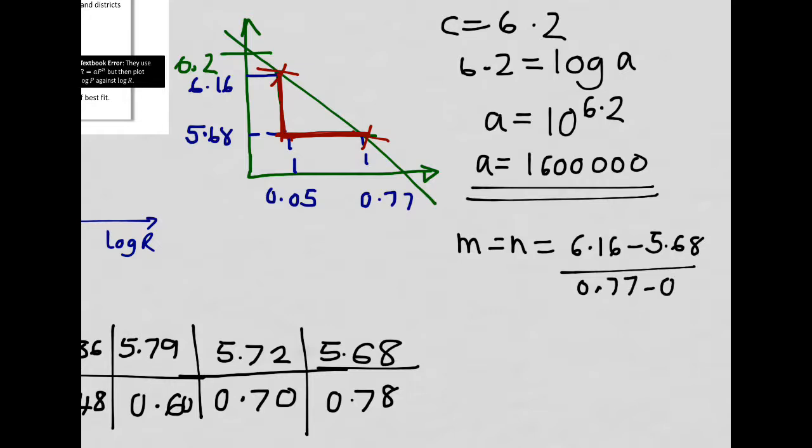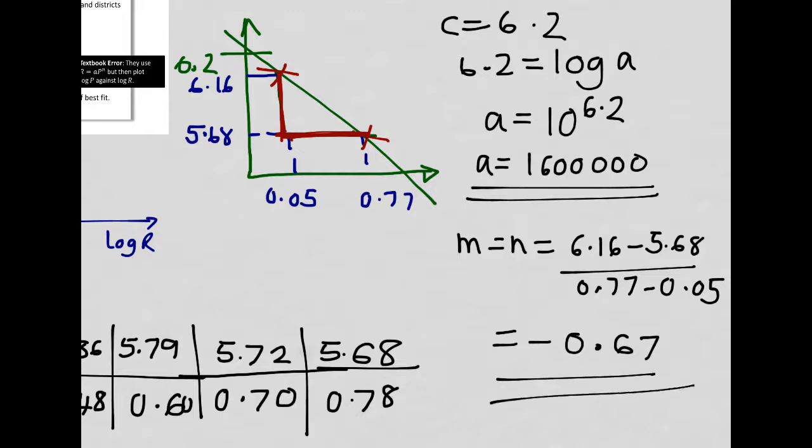And again, I keep saying your answers will be slightly different. That's not really a big problem. Type that into your calculator and you'd end up with negative 0.67. And that's for n.